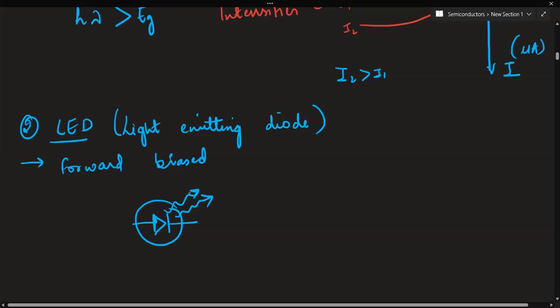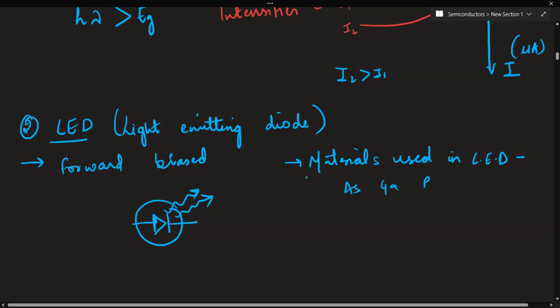These are the materials that are majorly used in the formation of LEDs. These include arsenic, gallium, phosphorus.